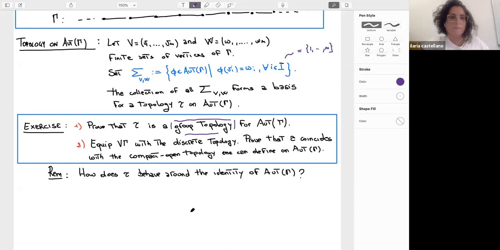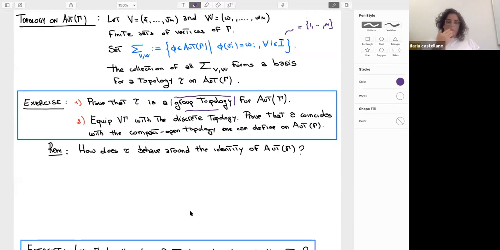Okay, let's see. As I said before, most of the time we care about what is happening around the identity, because we now have a topological group. If I want a complete idea of my topology, it's enough to look at the identity. So let's see what is happening around the identity.